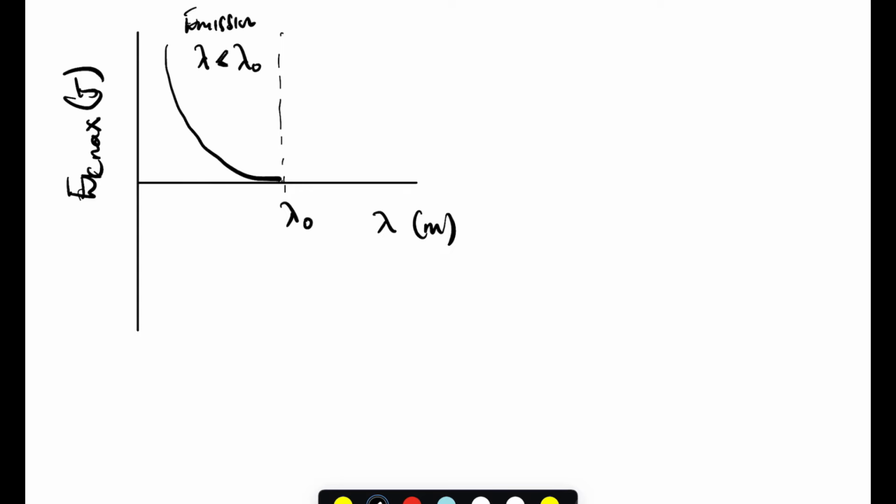On the other side, the wavelength of the light is greater than the threshold wavelength, so here there is no emission. What do I mean by no emission? That means no photoelectric effect.